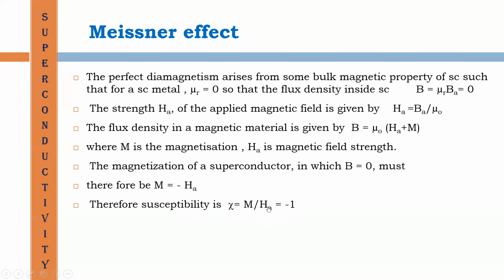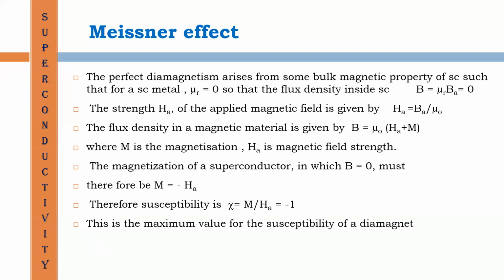We know that for a diamagnetic material, susceptibility is negative, and the maximum value of the susceptibility is minus 1. So we can say that a superconducting material is a perfect diamagnet.